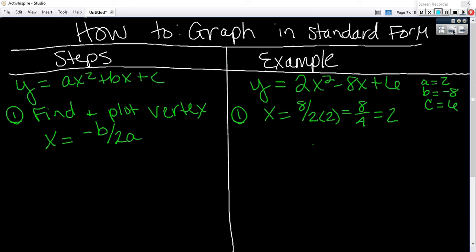All right, I'm going to make a note that this is also the equation for my axis of symmetry. Your x of your vertex is your axis of symmetry.